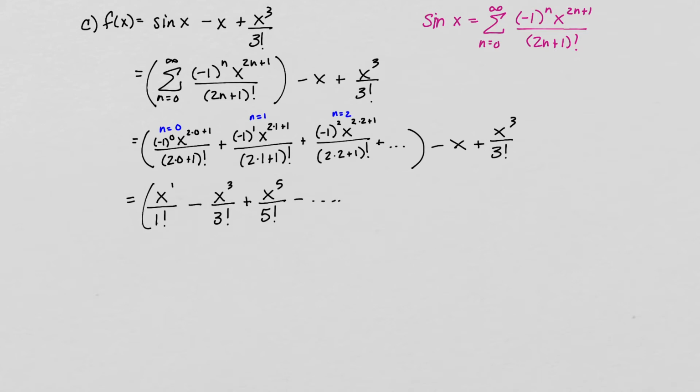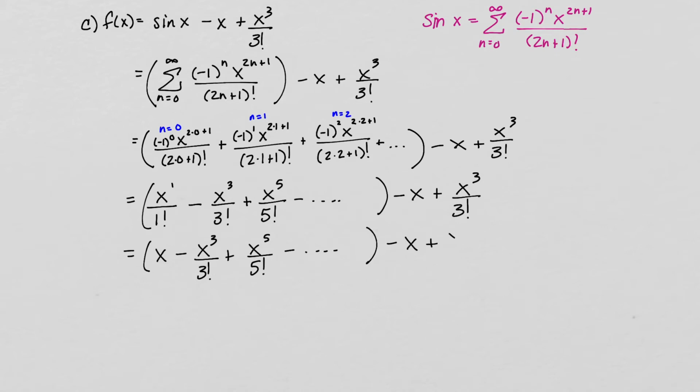And this is going to continue, alternating positive and negative, and then I still have this minus x plus x cubed over 3 factorial. So x to the first over 1 factorial, that's just x. So really I have x minus x cubed over 3 factorial plus x to the 5th over 5 factorial minus, minus x plus x cubed over 3 factorial.